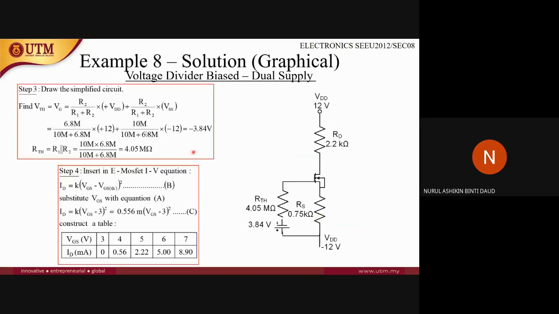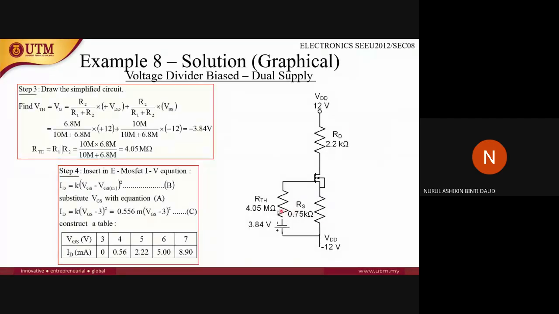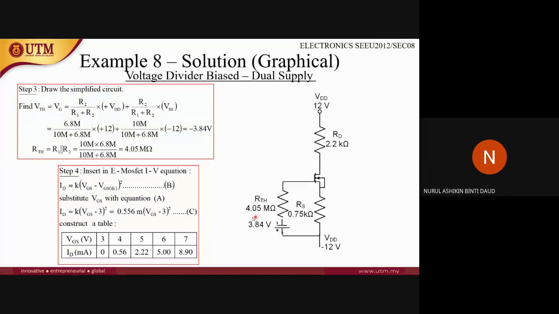From here, we need to simplify this circuit using Thevenin theorem, and you will get the R Thevenin and also V Thevenin. Then find the transfer curves using Shockley's equation, using this K constant's value.